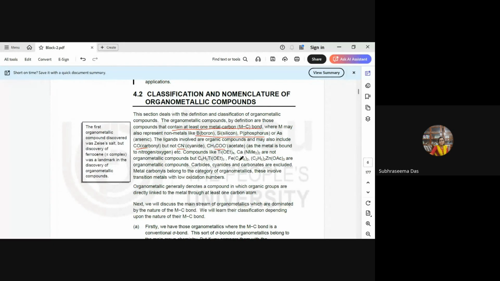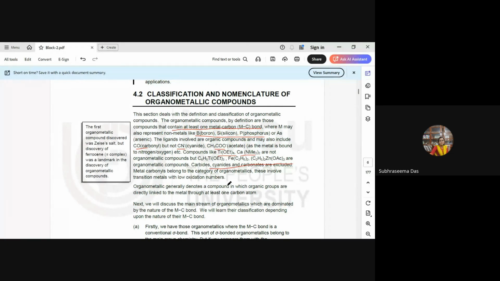When we have compounds like Ti(OEt)4, Ca(NMe2)2, these are not organometallic compounds. Whereas when we have phenyl Ti(OEt)3, these are organometallic compounds. Carbides, cyanides, and carbonates are not included as ligands.